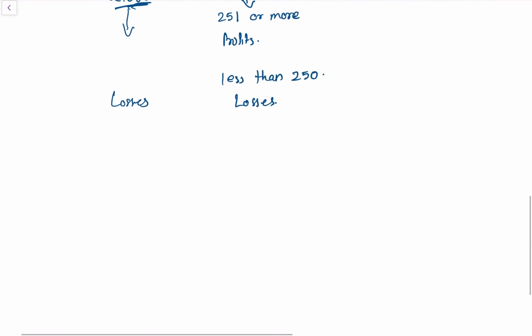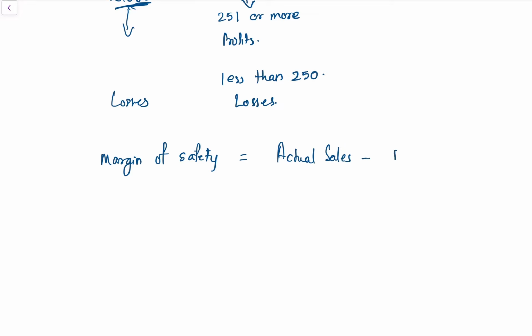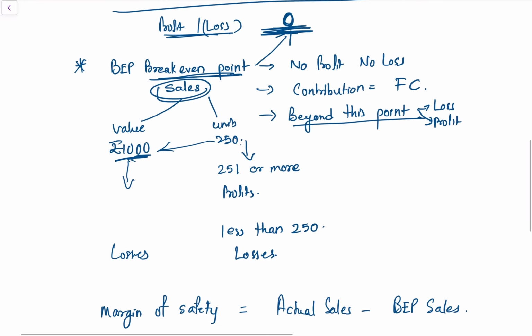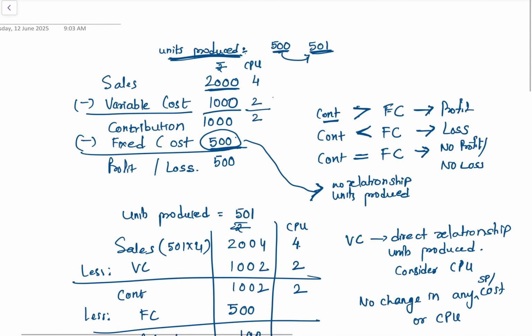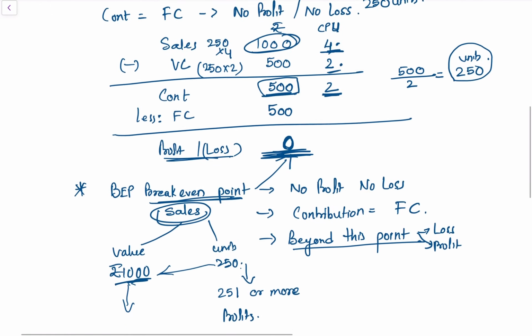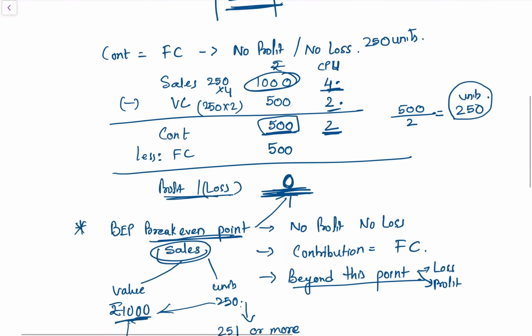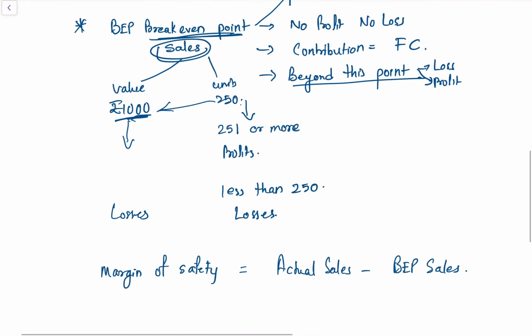Okay. Now the margin of safety. Margin of safety is actual sales minus break even point sales. Means, as you see in this example, in the first scenario, we were making sales of 2,000. And at the break even point, we are making sales of 1,000. Correct?